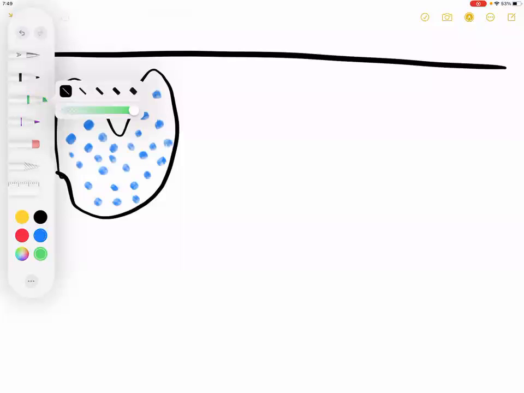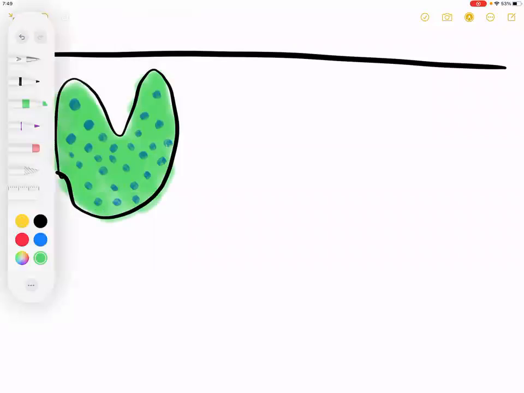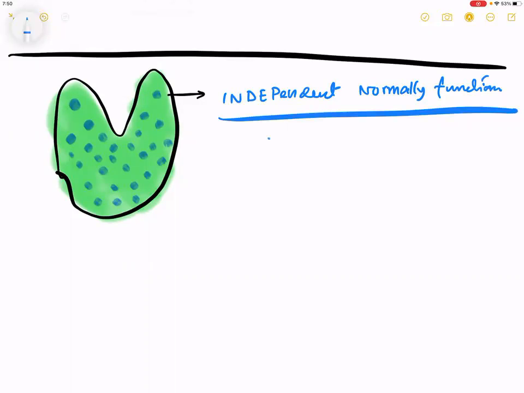TSH. Okay, good. If it is under the control of TSH, what if this nodule becomes an independent, normally functioning neoplastic nodule?